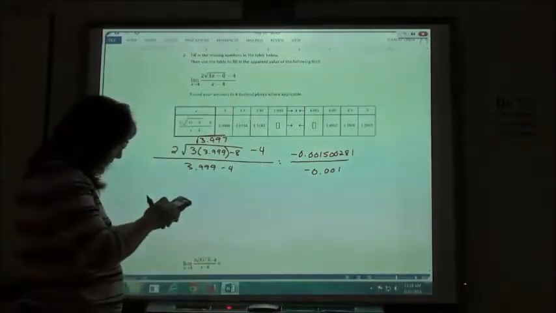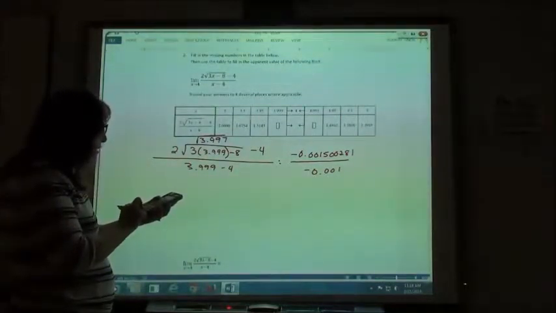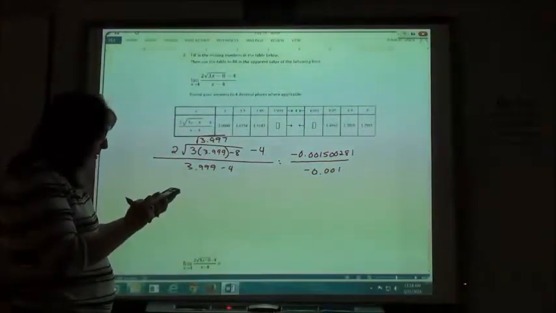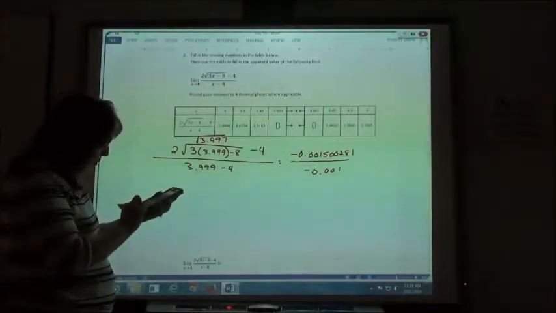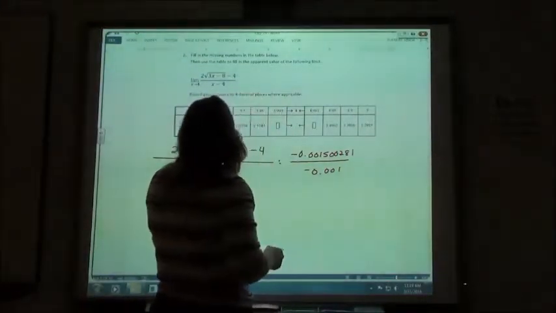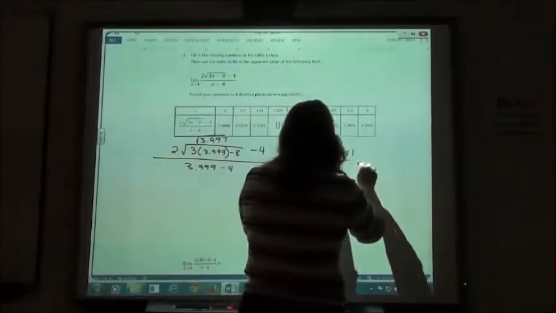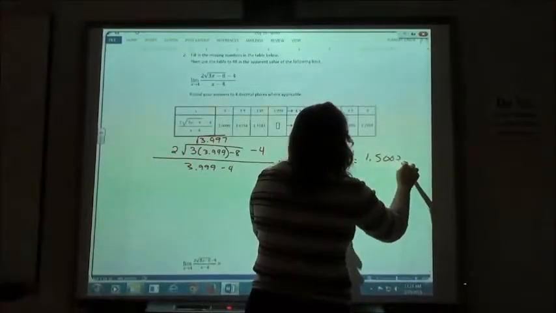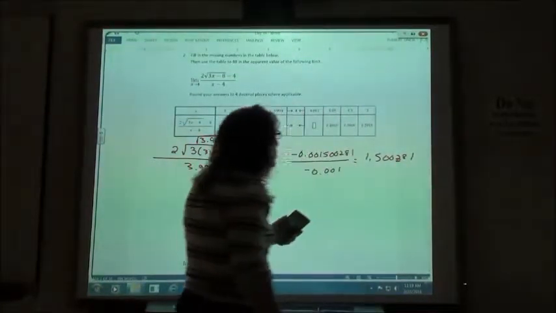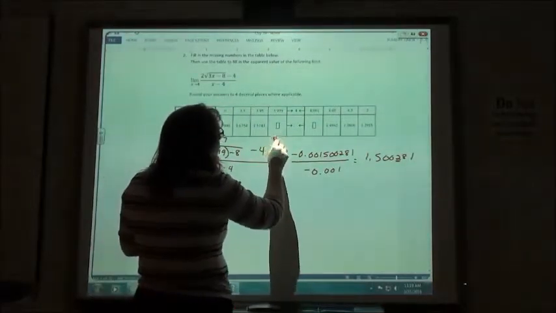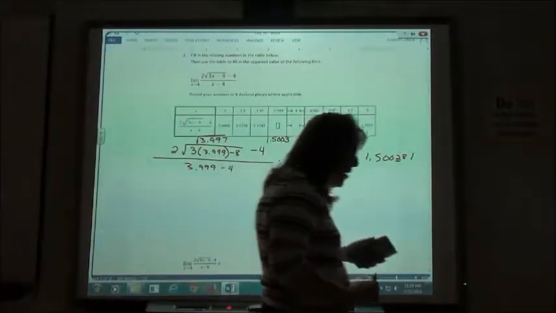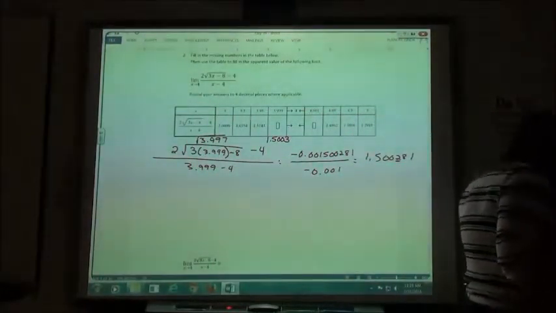So now I'm going to divide negative 0.0015000281 divided by negative 0.001 gives me 1.500281. I'm going to 4 decimal places, so that means I'm going to have to round that one up. So I'm going to say 1.5003 is what I get when I round it off to 4 decimal places.